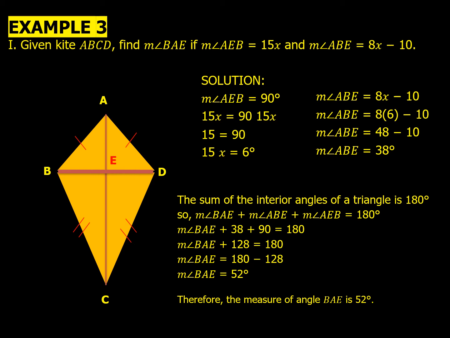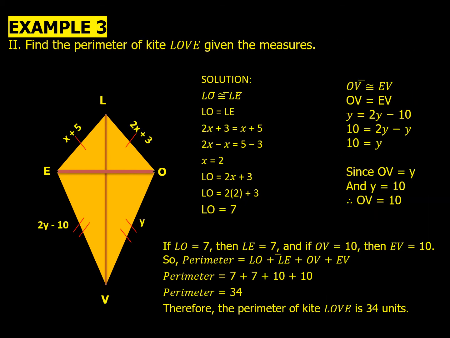We will have 180 degrees minus 90 minus 38, or 180 degrees minus 128 degrees, and that is 52 degrees. The measure of angle BAE is equal to 52 degrees.